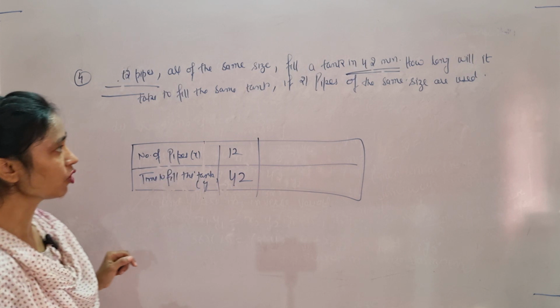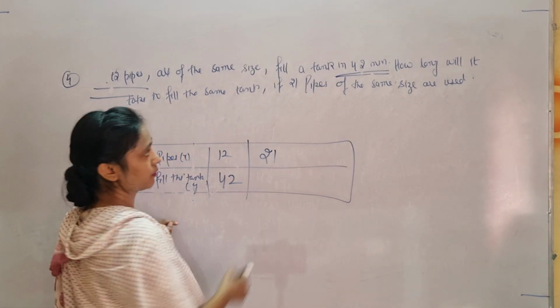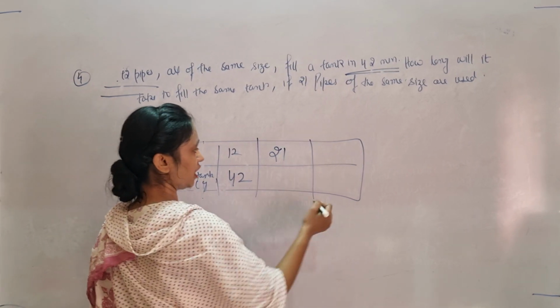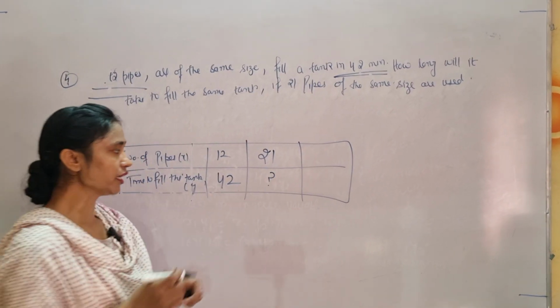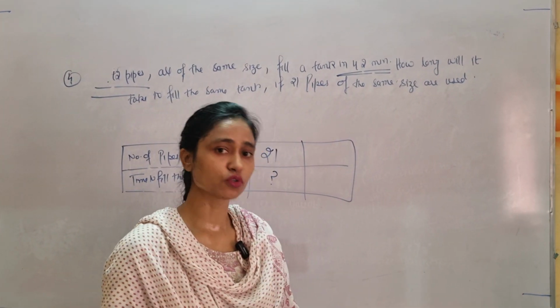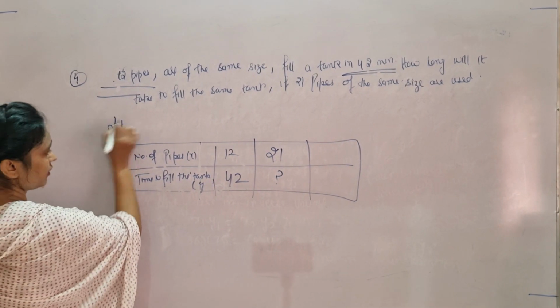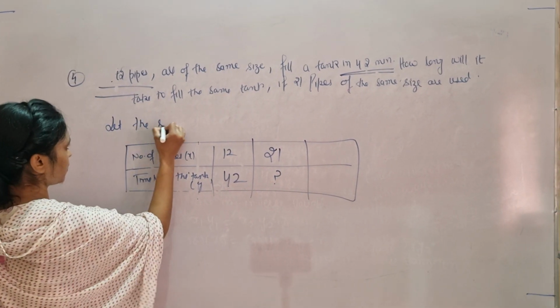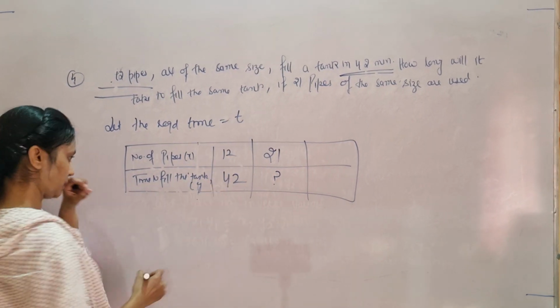I need to find the time taken by 21 pipes to fill the same tank. Let the required time be T.